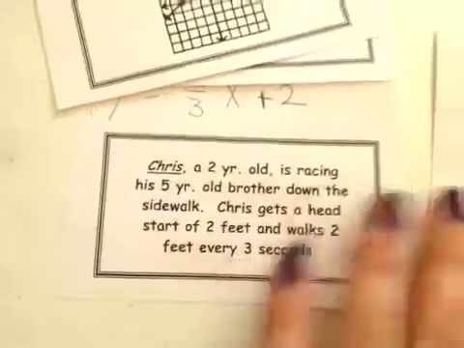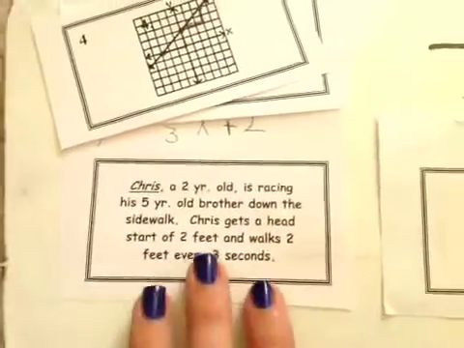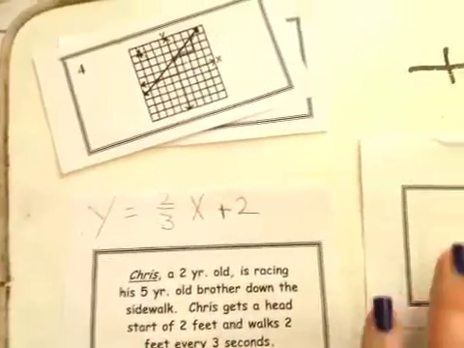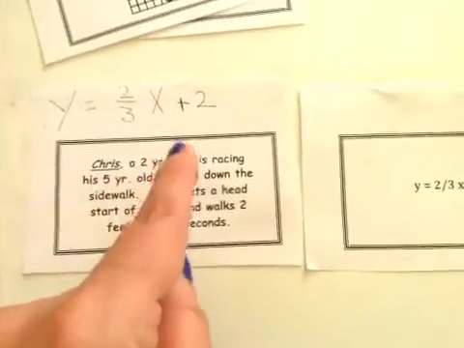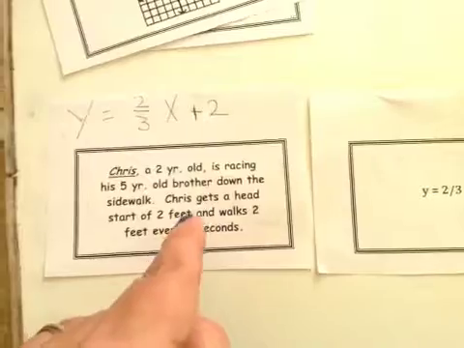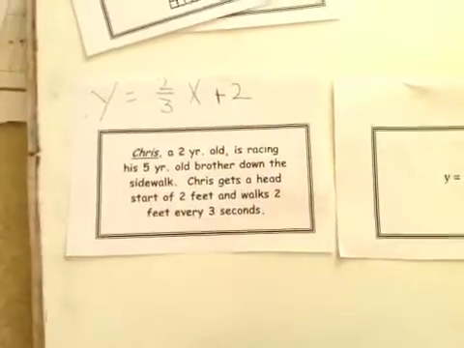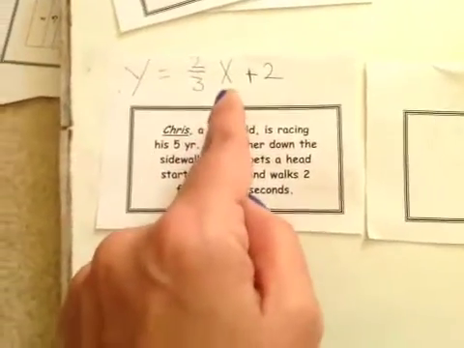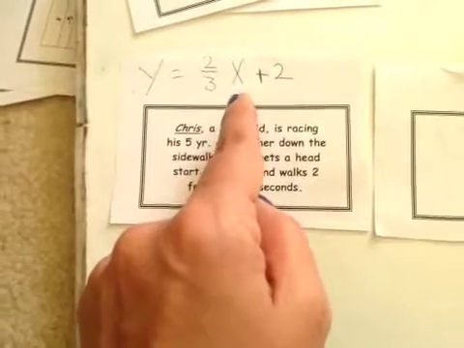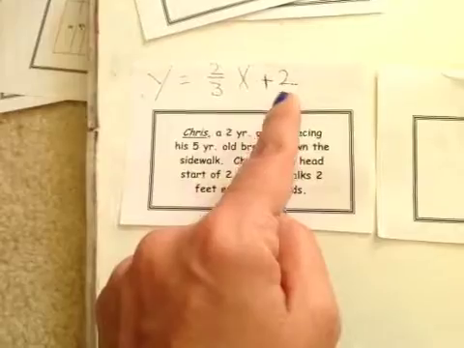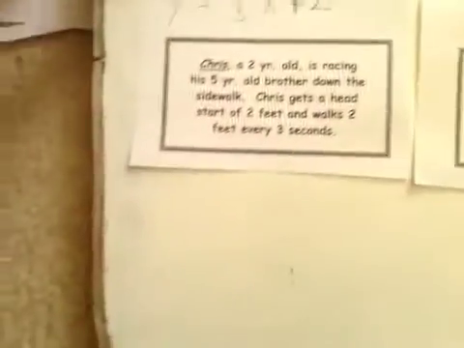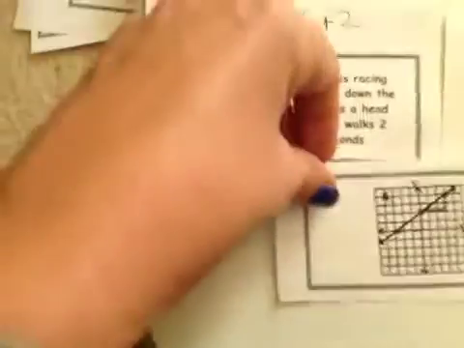So again, if he was walking 2 feet every 3 seconds, and he gets a head start of 2 feet, so after 1, after 2, after 3, we would create a graph that looks like this.